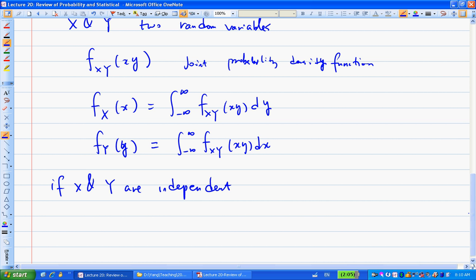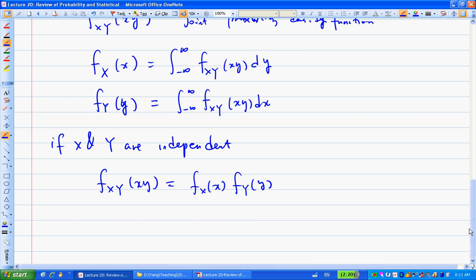If this is the situation, then f of x, y will equal this multiplied by this.